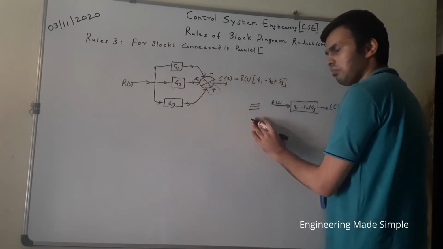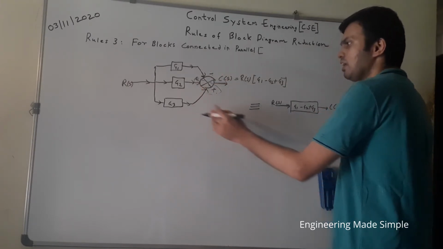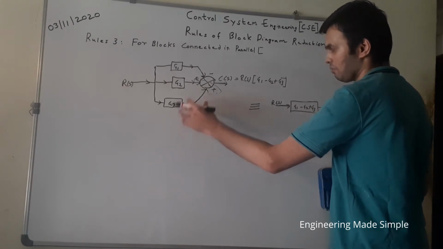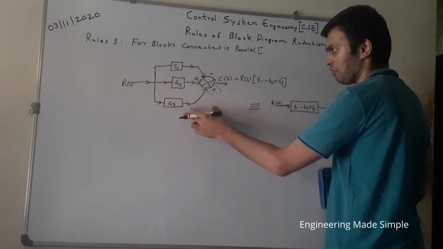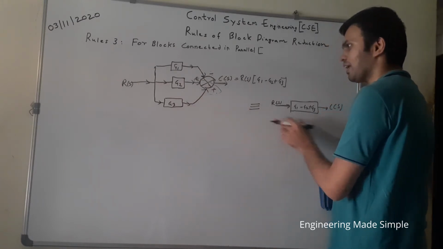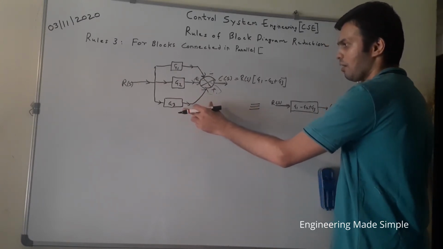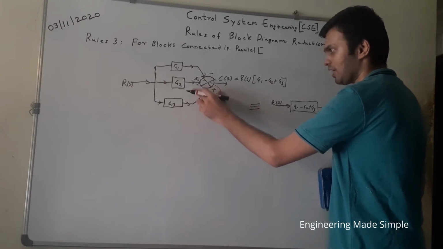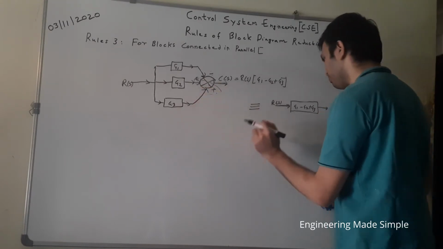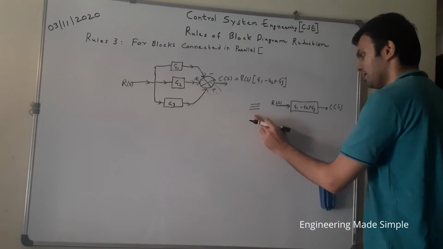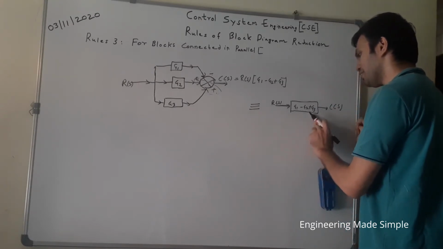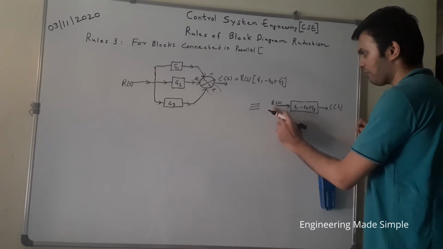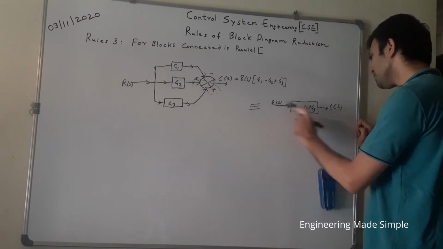So whenever we have something like this in parallel in a block diagram, we can simply write it by adding or subtracting, considering the polarity of the summing junction. This is how we write the simplified or reduced version of this: G1 minus G2 plus G3 in a block, with R of S and C of S.